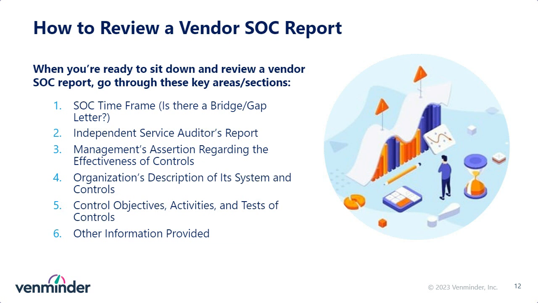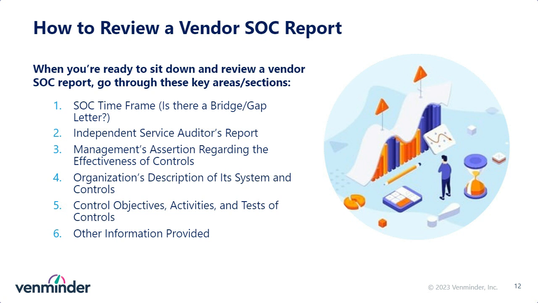So when you are ready to sit down and actually review the SOC report, we really recommend that you go through the key areas and the sections as they're laid out in the report. The first thing is the SOC timeframe, and then determining if a bridge gap letter would be helpful to correlate any gaps in time.